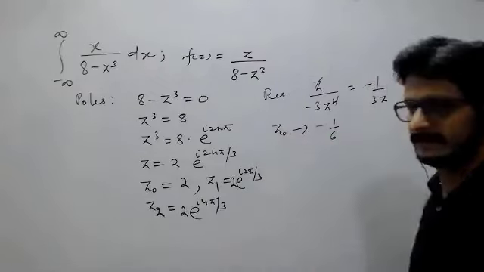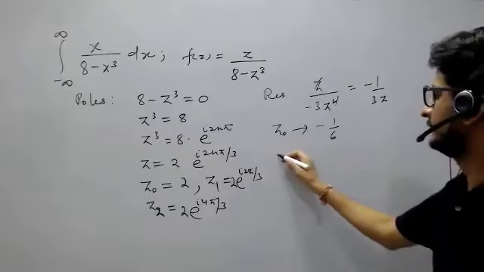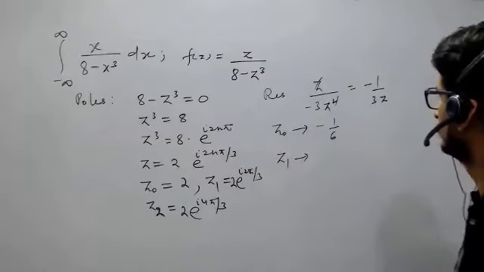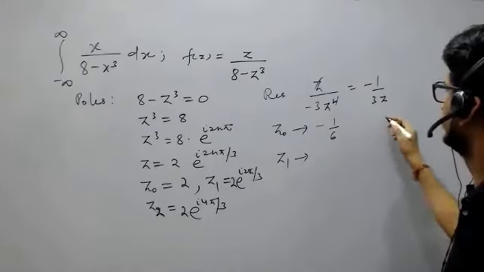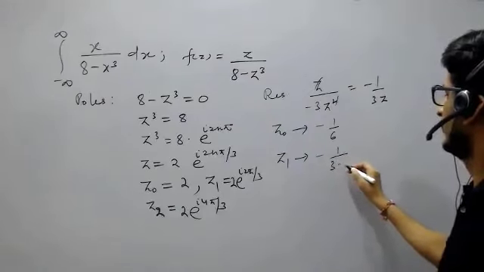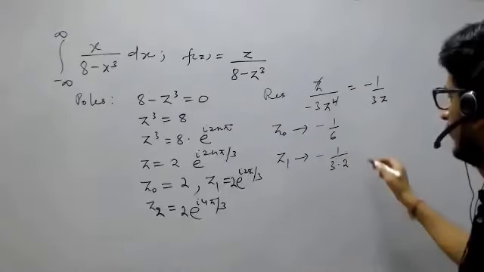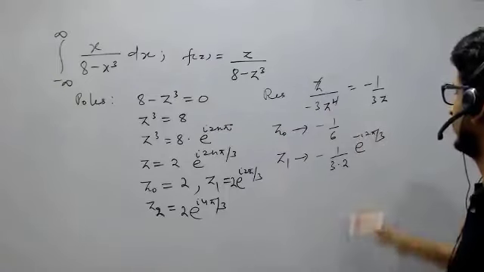Minus 1 by 6. For z1, it will be minus 1 by 3 into 2 e to the power minus I 2 pi by 3.